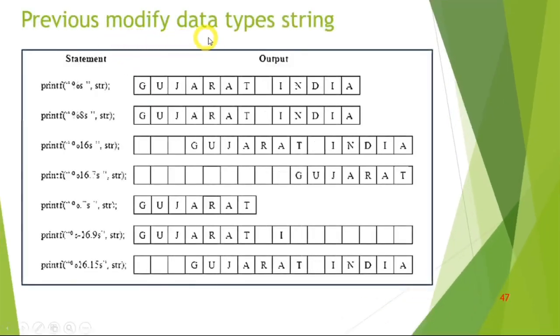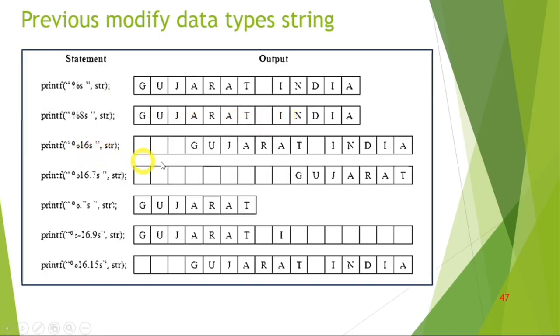Now modifying the data type string actually. Now we have used %d, %f, now %s string. So Gujarat India, simple, if we say string, Gujarat India will be written. Now %8s, so the same will be written here.